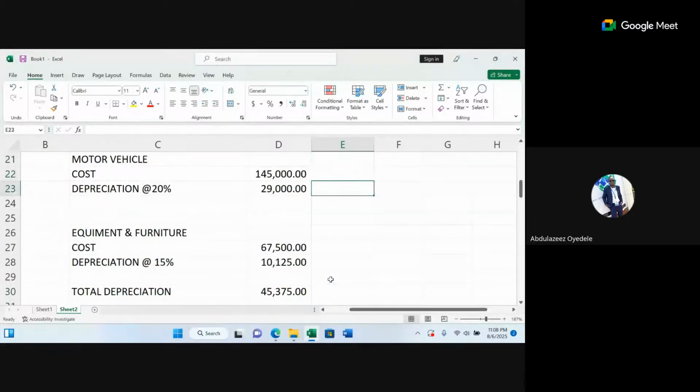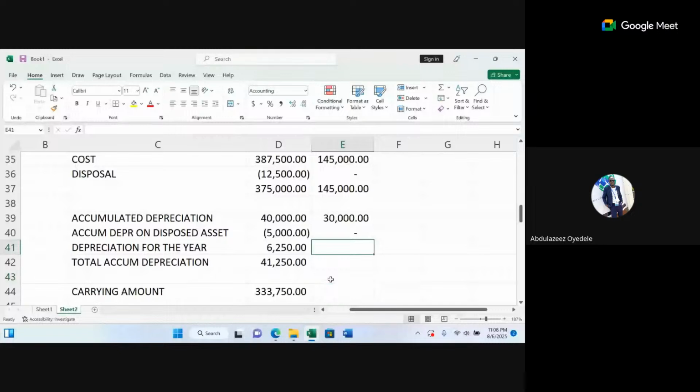Okay, yes, 29,000. So depreciation for the year 29,000. So total accumulated depreciation on motor vehicle will now be 59,000.